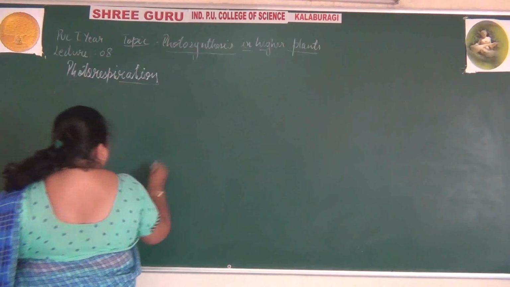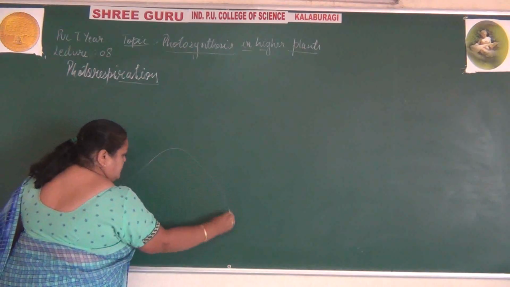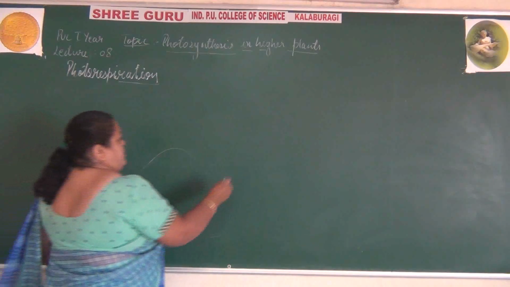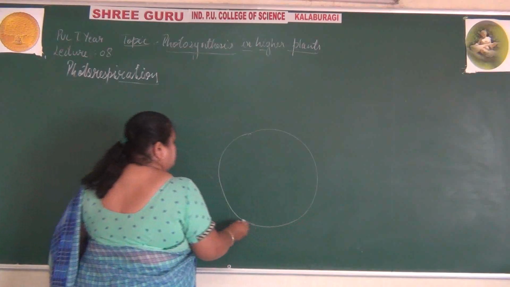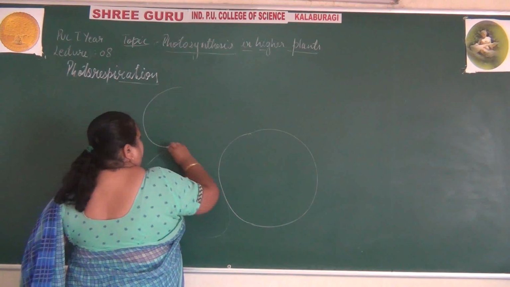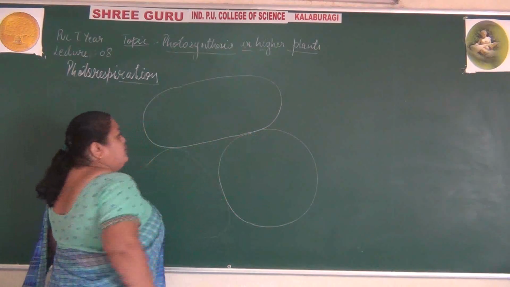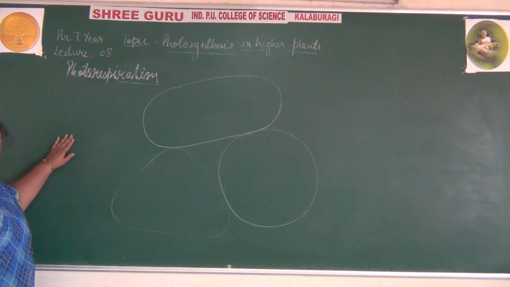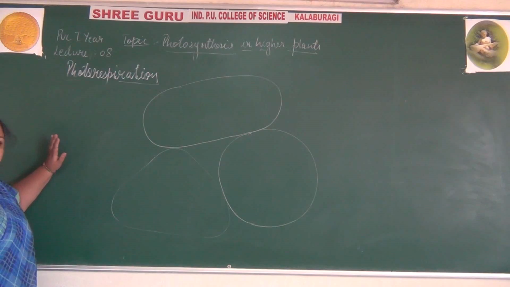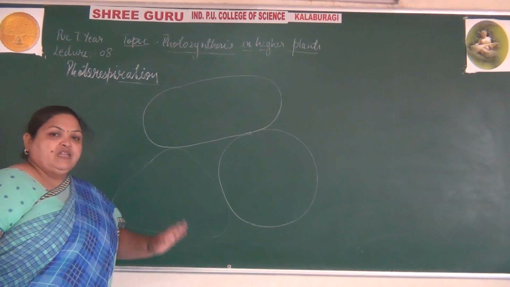The first process occurs in the chloroplast, then the peroxisomes, then the mitochondria. Yes, I said this schematic representation is not in the NCERT textbook. As external knowledge, I am dealing with this.